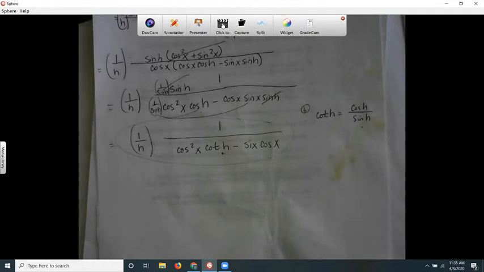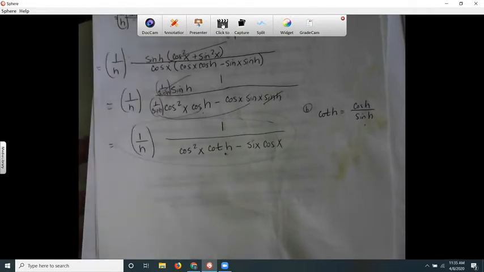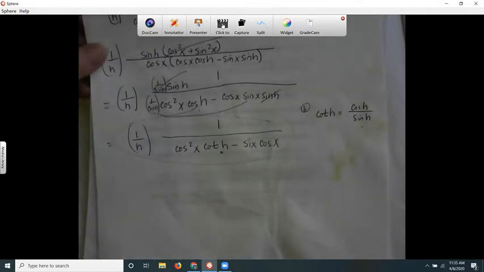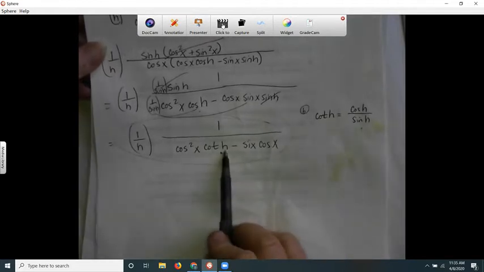Cotangent of 0 is undefined, because this is the only place to plug an h in.